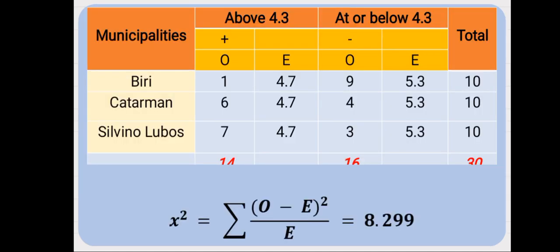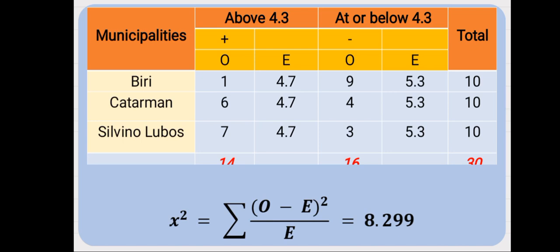Then, next kay atong i-calculate ang expected value. So, ang expected value nato diri kay atong unahon ang kaning 10 times 14 divided by 30, so 4.7.